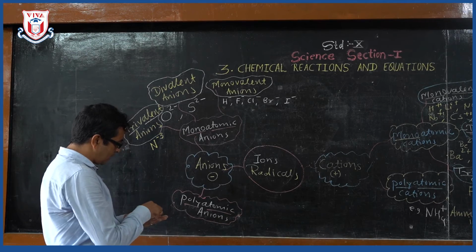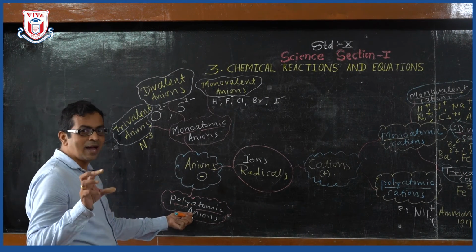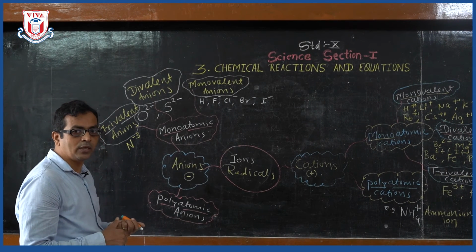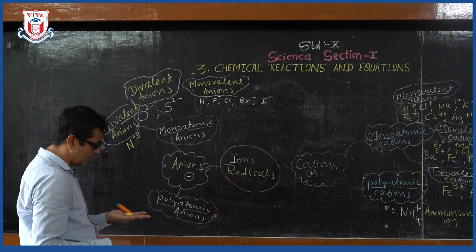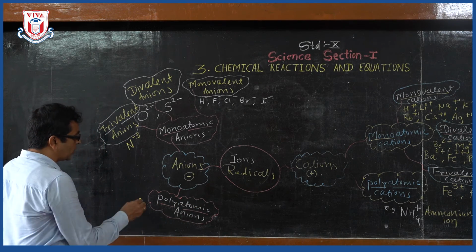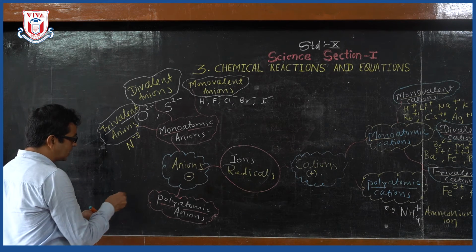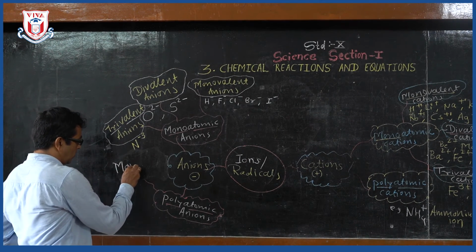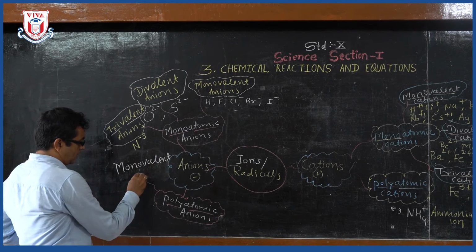Same way, polyatomic ions means anions which contain more than 2 atoms are called what? Polyatomic anions. In polyatomic anions, first we will see monovalent anions.